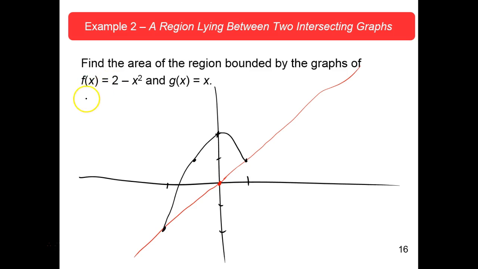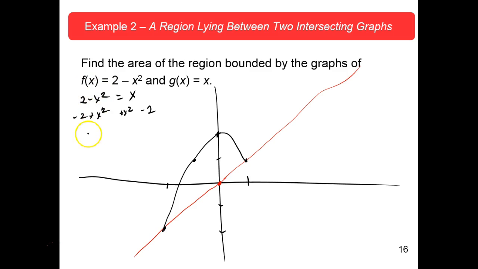So you could have found these by setting f equal to g, which is 2 minus x squared is equal to x. Solve that equation. How can you do that? Put it all on one side. And which side would you like it on? Right. So let's add x squared to both sides and also subtract 2 from both sides. I'll do it in strange order, but we'll do it.